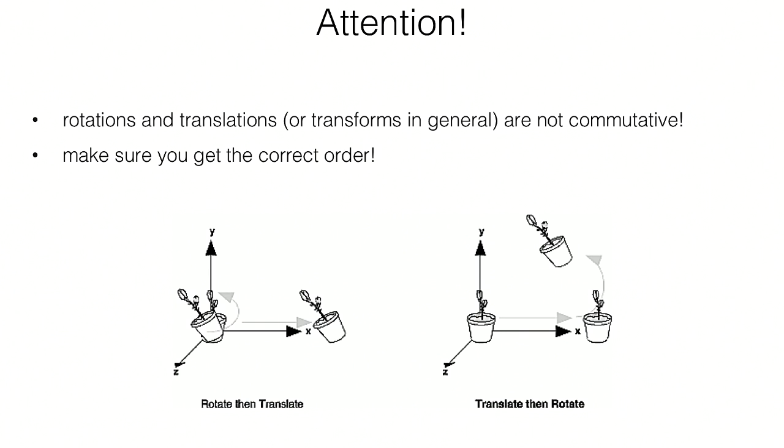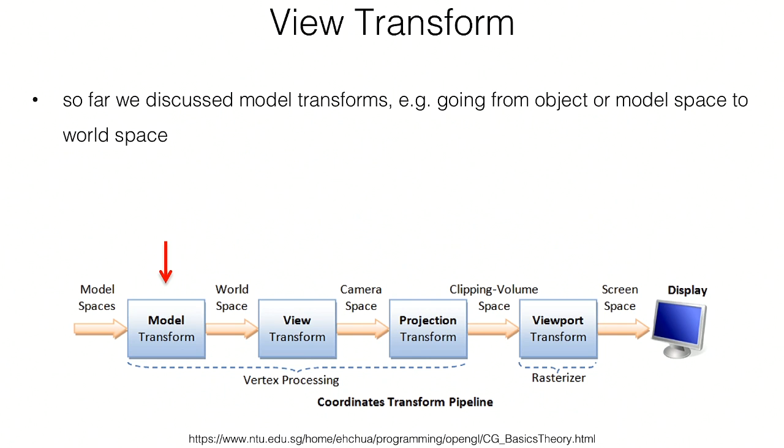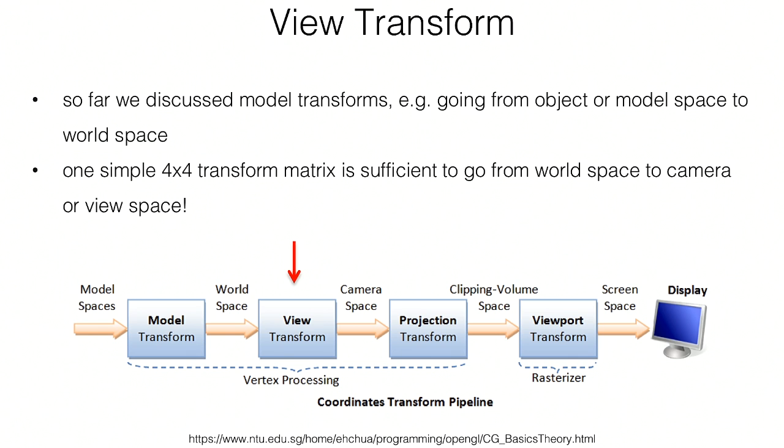So let's move on to the view transform then. This one's going to be very important, specifically for setting up stereo rendering. So far we've discussed the model transform, which goes from object space to setting up some scene, specifically your world space. The view transform is a simple 4x4 matrix transform that is sufficient to go from the world space to camera or view space. And this essentially defines a camera in your world space and defines its orientation.